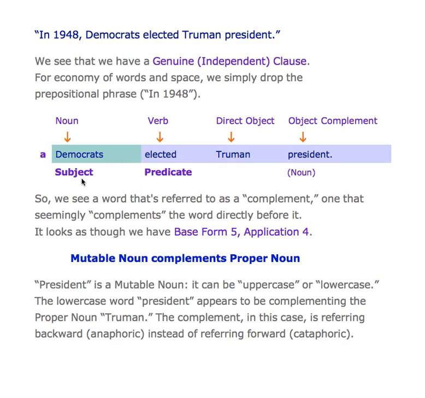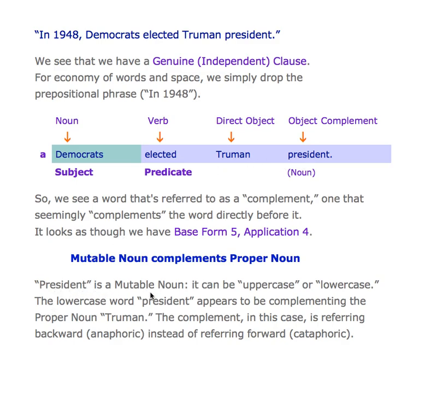We have a subject side and we have a predicate side. So we see a word that's referred to as a complement, one that seemingly complements the word directly before it. It looks as though we have base form 5, application 4, and that reads, mutable noun complements proper noun.